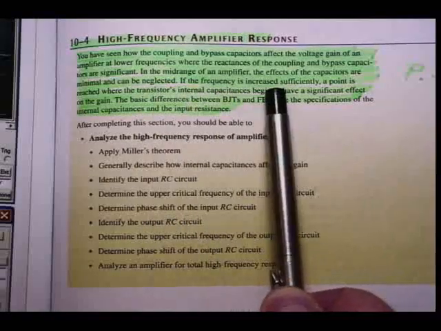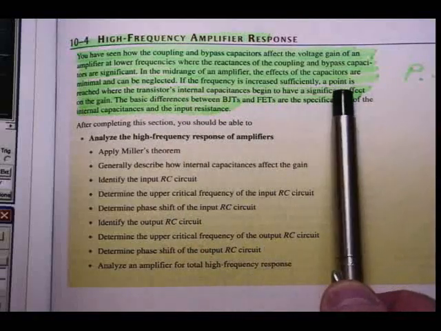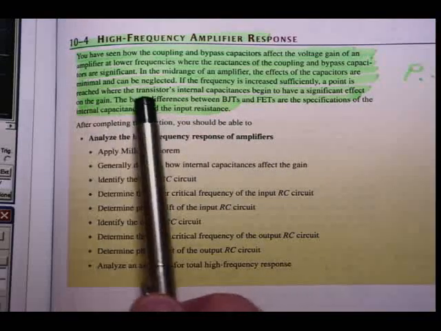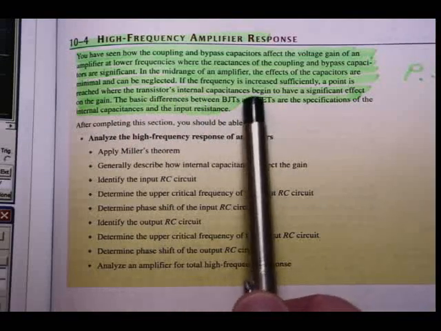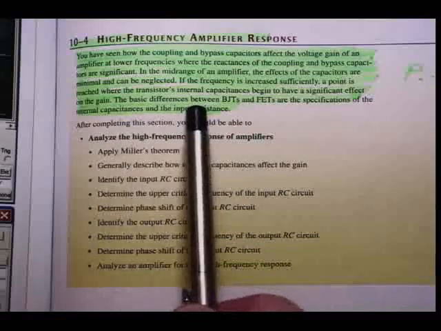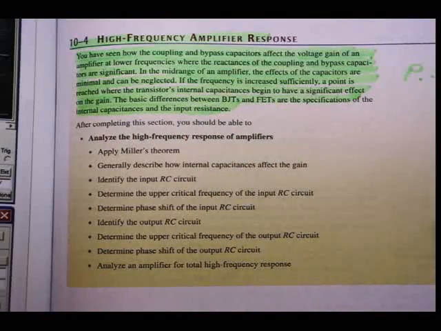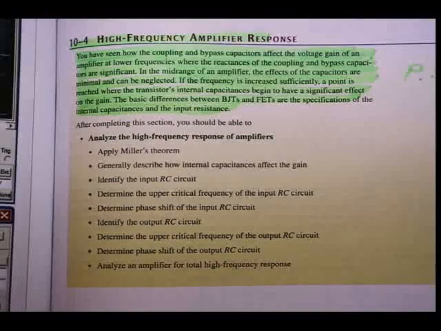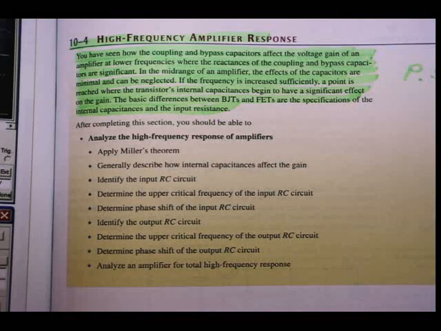If the frequency is increased sufficiently, a point is reached where the transistor's internal capacitances begin to have a significant effect on the gain. The basic difference between the BJT and field effect transistors are the specifications of the internal capacitances and input resistances. But we will still discuss the field effect transistor. Alright, that's the introductory paragraph of the high frequency amplifier response.